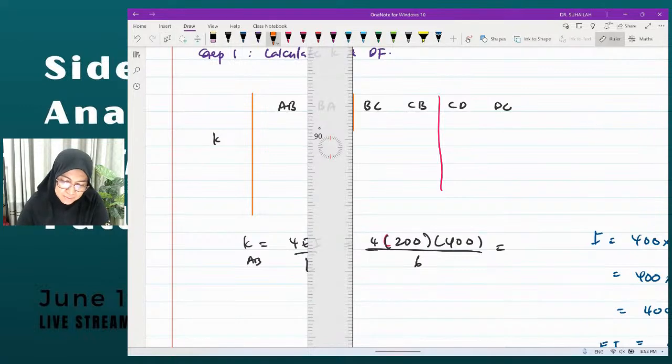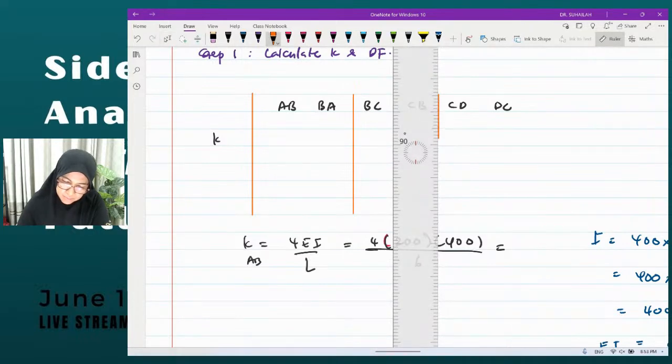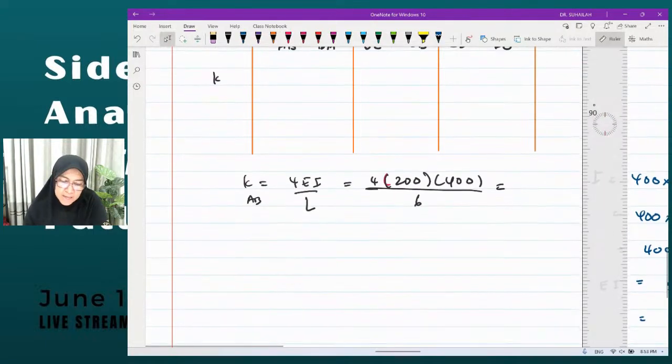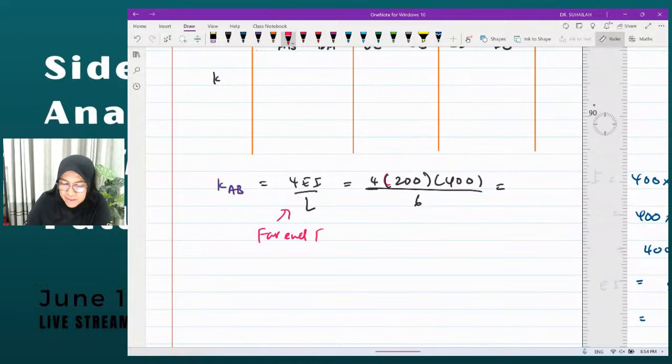We are now calculating K for member AB. We use 4EI over L for far end fixed.